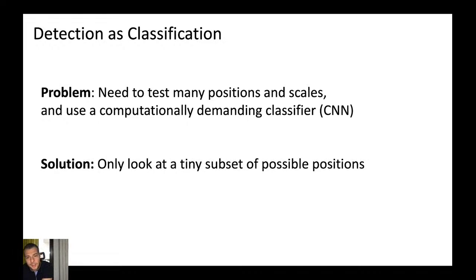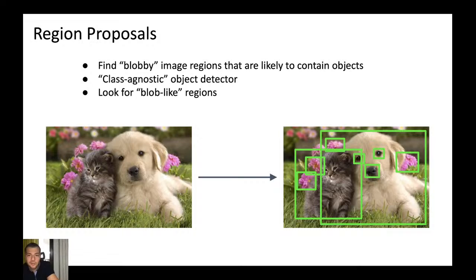The idea is to figure out some probable locations of objects in images, and we apply our framework only for this subset of locations. This idea was explored previously in literature. The task is called region proposals, so to propose regions that may contain objects.